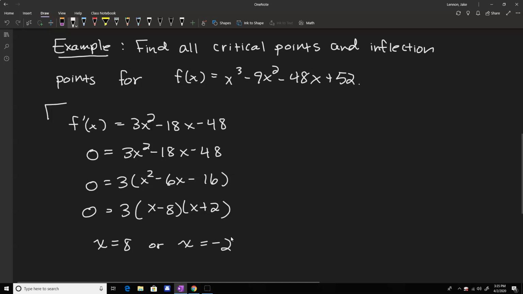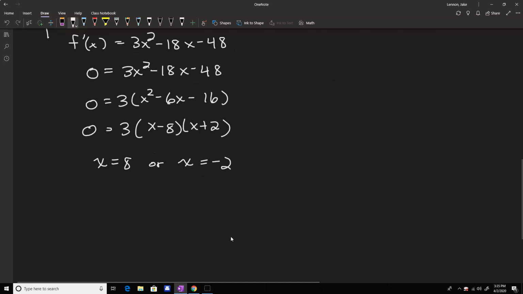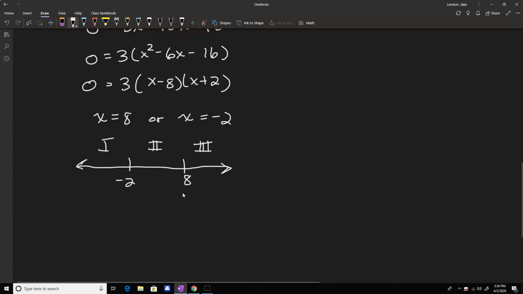And remember, essentially what we're doing is dividing up the number line into some pieces based on those values. So we have negative 2 and 8. And we're plugging sample points from each region into the first derivative to see if we get something that's positive or negative.